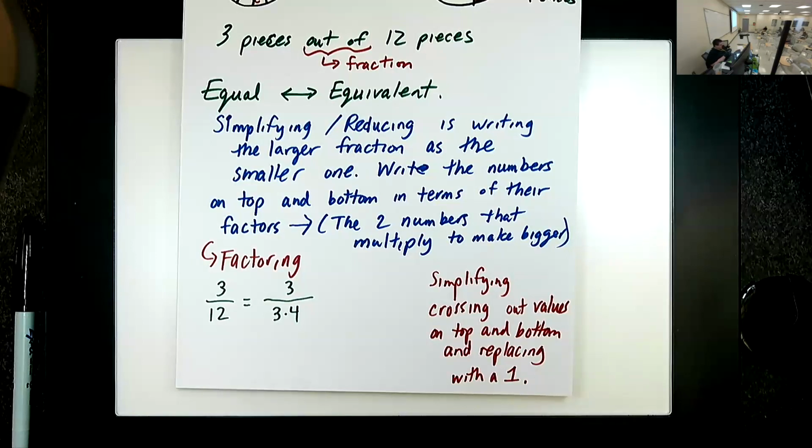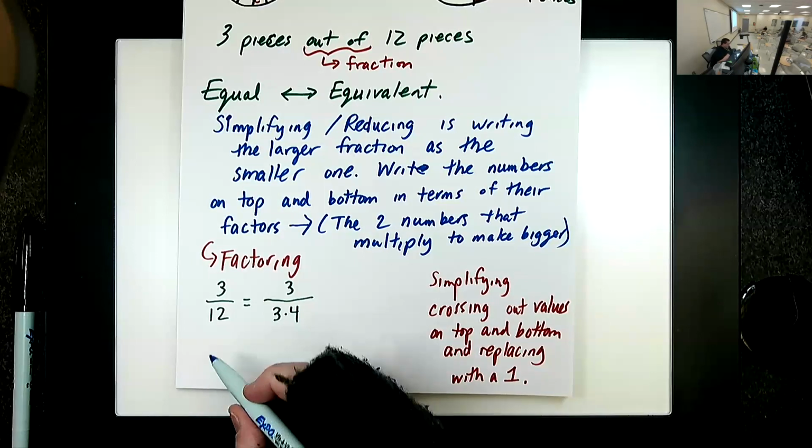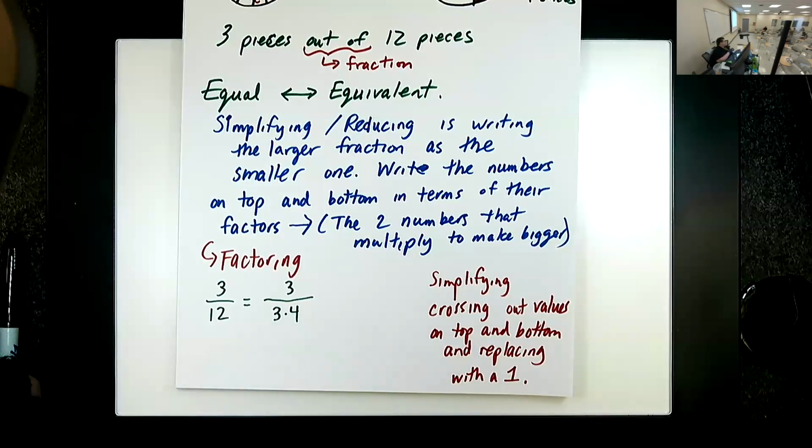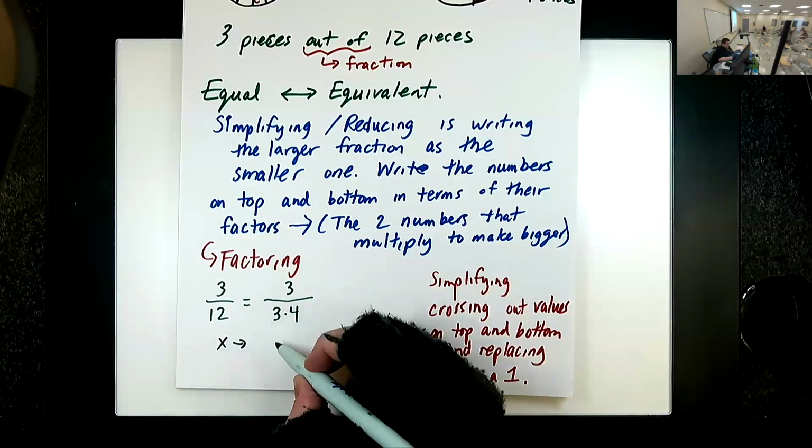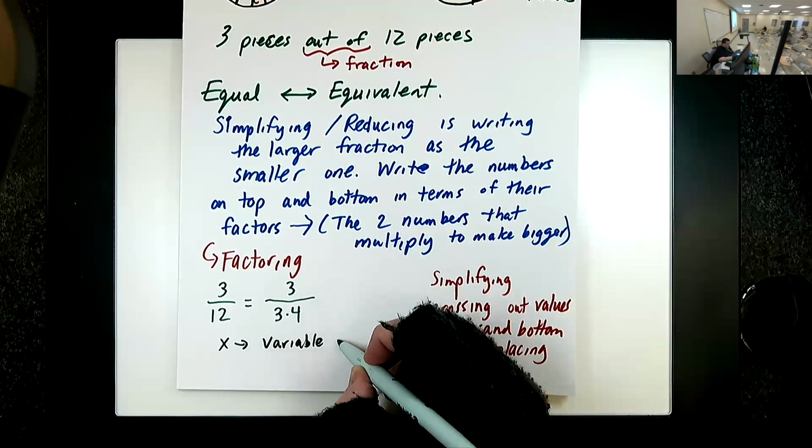You'll notice I use this dot here. We will be having some algebra later on. Everyone should be familiar with seeing an X as multiplication. But in algebra, we tend to use X for a variable or unknown quantity.